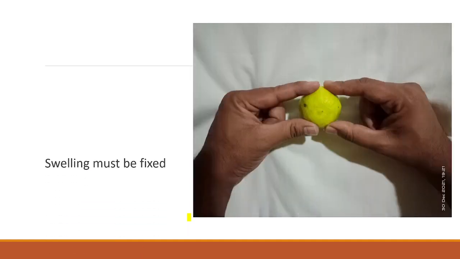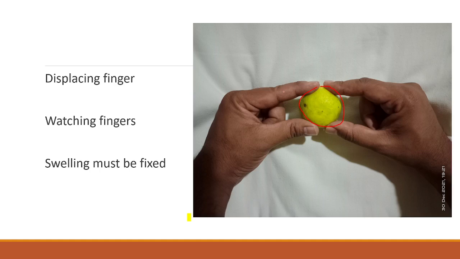If we want to clinically assess fluctuation, first of all, the swelling must be fixed, and that's the way by which we fix the swelling. You need to know about the displacing finger and watching finger. Like this is the swelling, and I have fixed the swelling with this index and thumb.